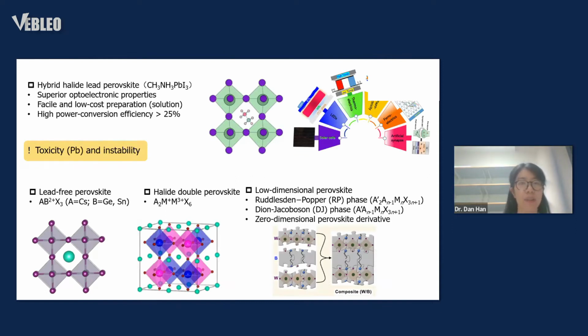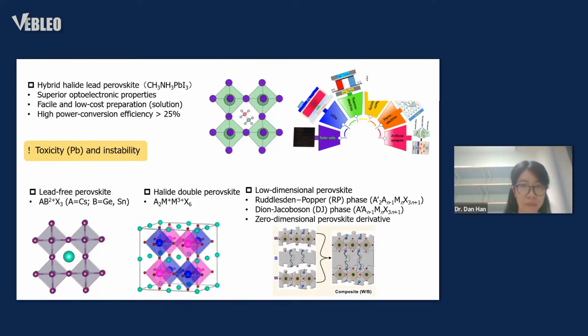Hybrid halide lead perovskite has drawn great attention recently because of its superior optoelectronic properties and its facile and low-cost preparation method. It has been reported that the power conversion efficiency of hybrid halide lead perovskite-based solar cells is over 25%, which surpasses traditional commercialized solar cells like silicon and cadmium telluride.